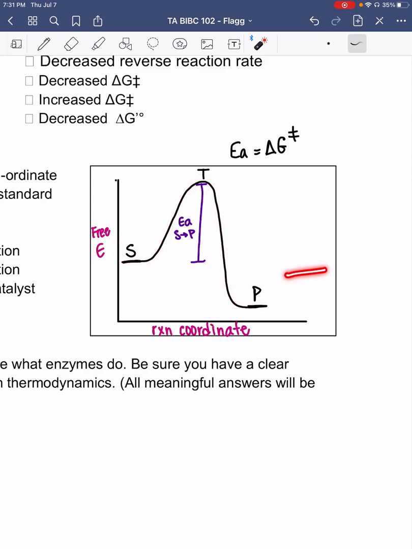This reverse reaction is endergonic, because where we end up is a higher energy level than where we started. However, this reaction has an activation energy as well. It's just a lot larger. That's why it's a lot less attainable.